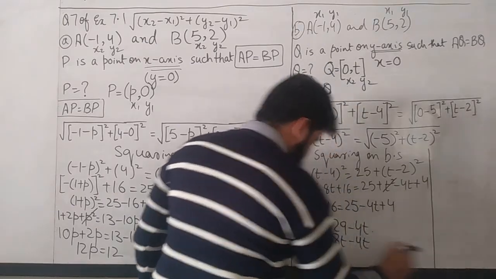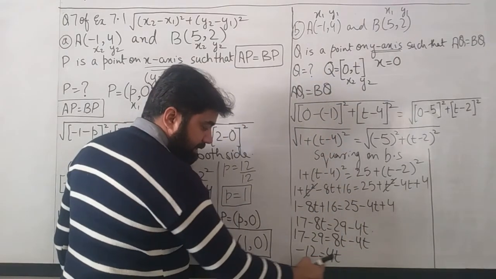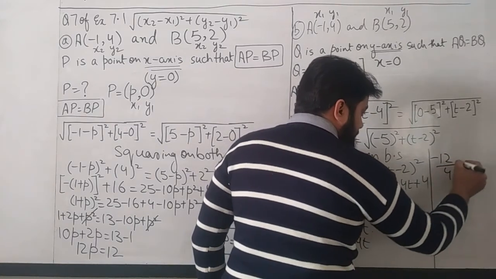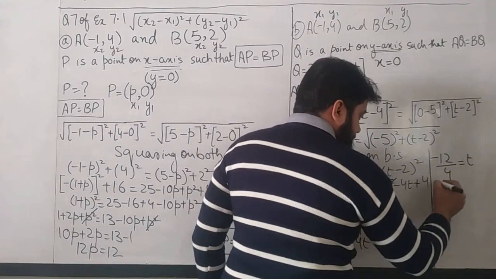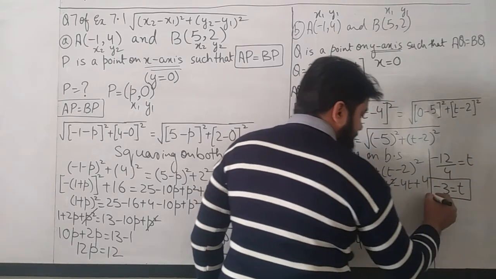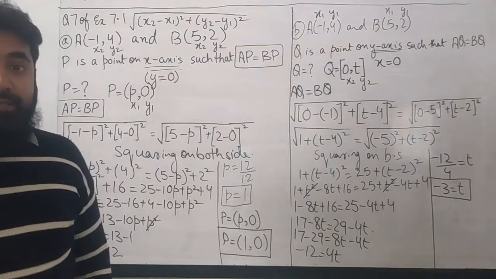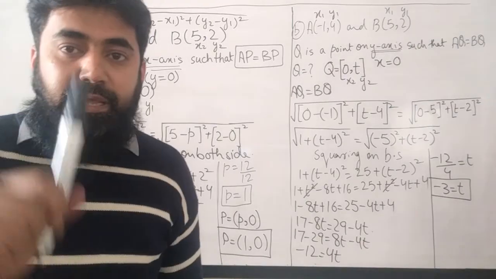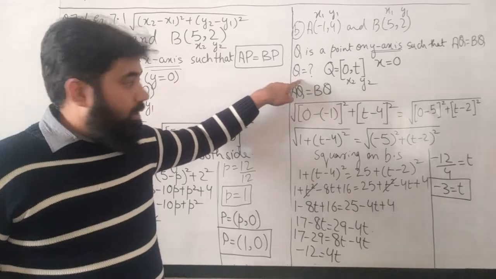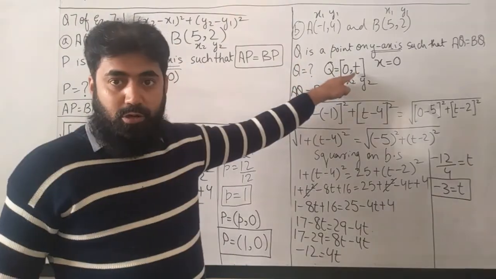Simplifying further, 4 is being multiplied, shifted over here, minus 12 over 4 equals to t, minus 3 equals to t. So the value of t is coming minus 3, but that is not my answer. What have they asked for? They have asked for the coordinate of Q, and Q equals to 0 comma t.